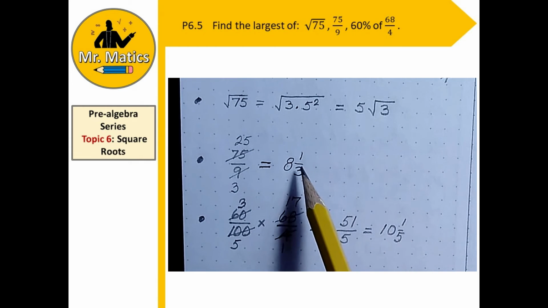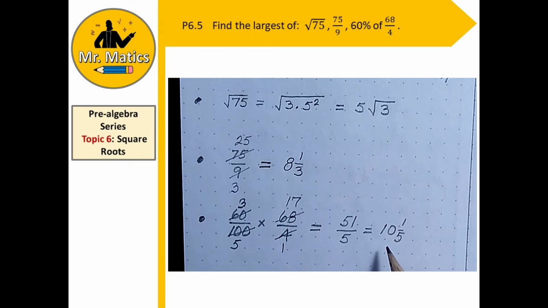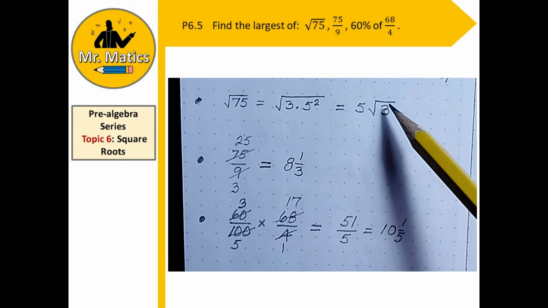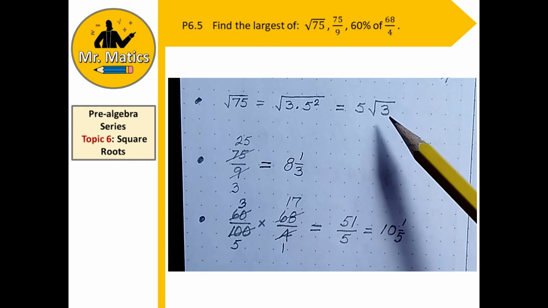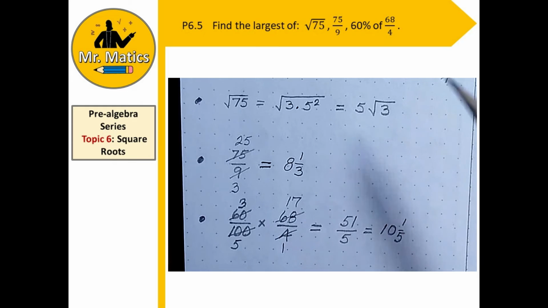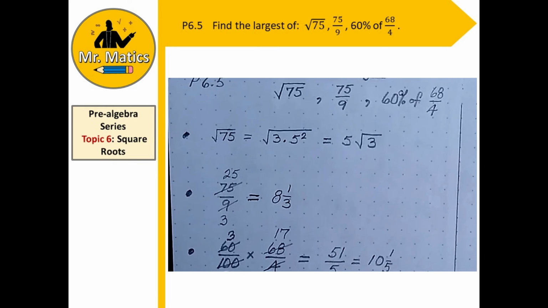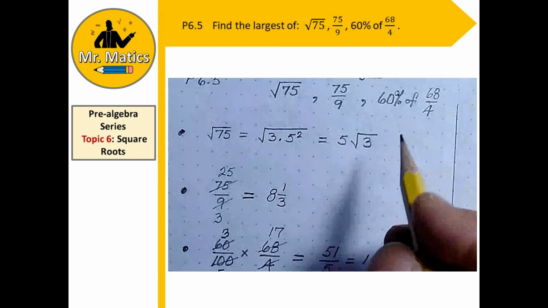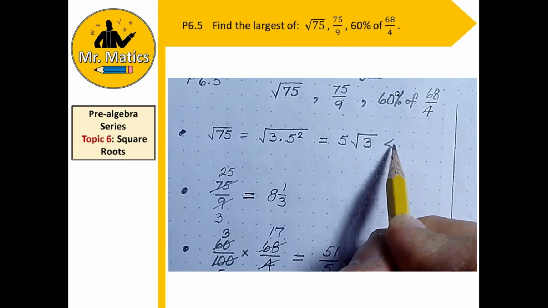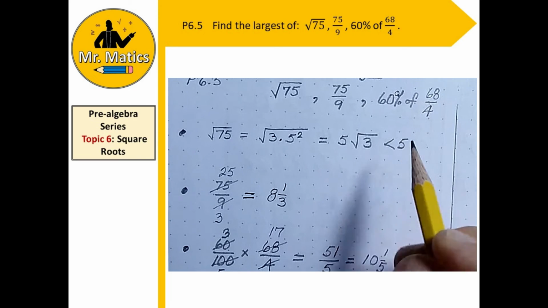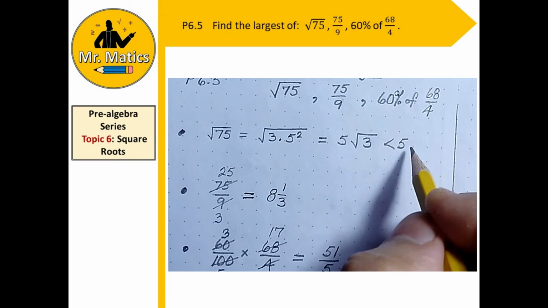Of course, between 8 and 1/3 and 10 and 1/5, I know that 10 and 1/5 is bigger. Now the question is whether 5√3 is even bigger than 10 and 1/5, or smaller. One way to see this easily: this is where creativity comes in a little bit.